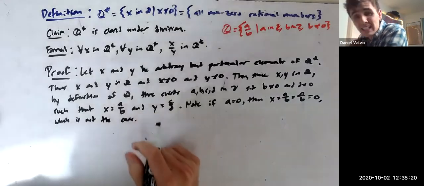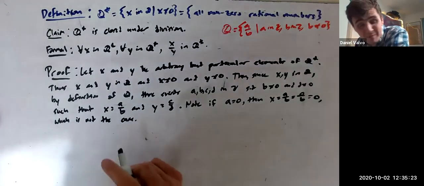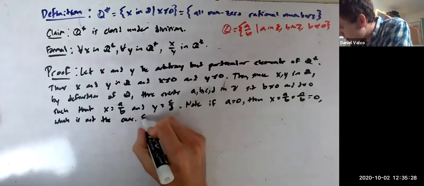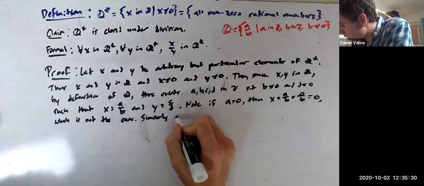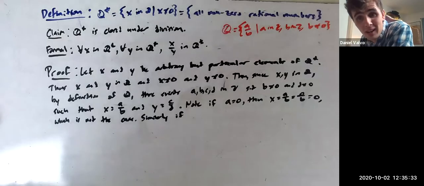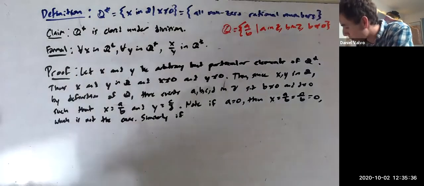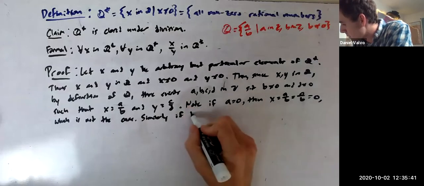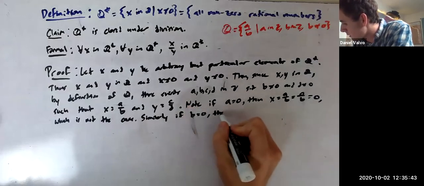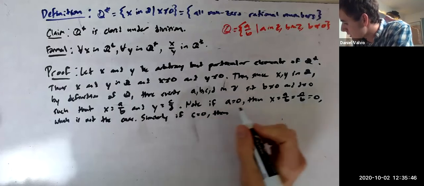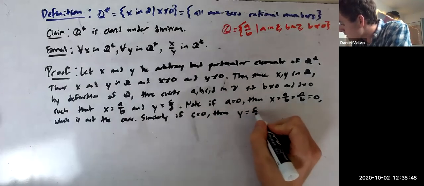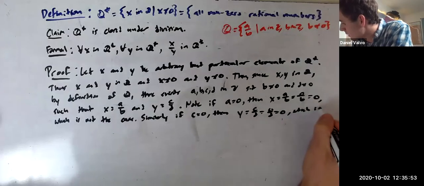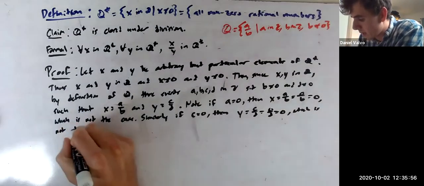Similarly, if C equals 0, then Y, which equals C over D, which equals 0 over D, which equals 0, which is not the case.